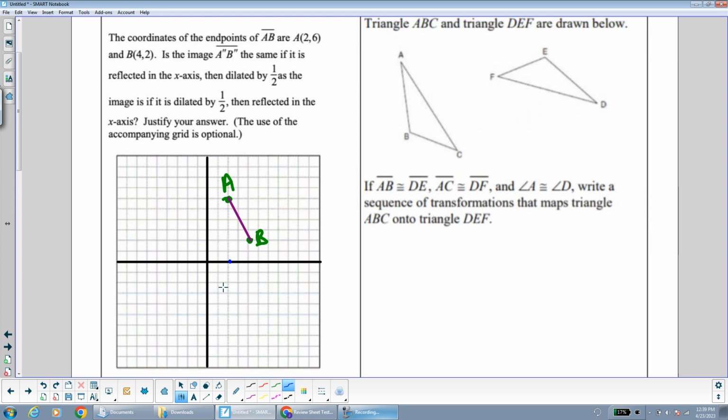So 6 spaces to the other side would be right here. 2 spaces to the other side would be right here.